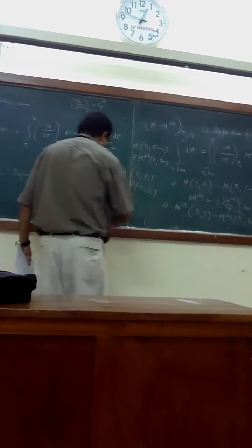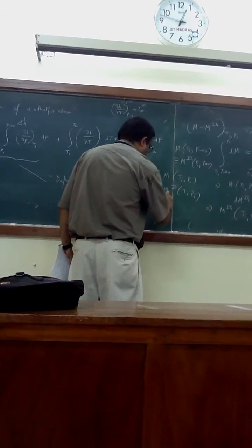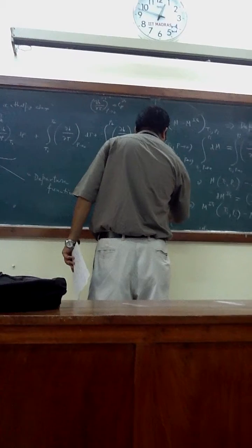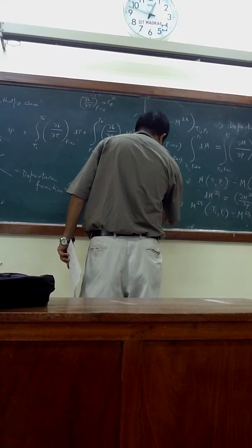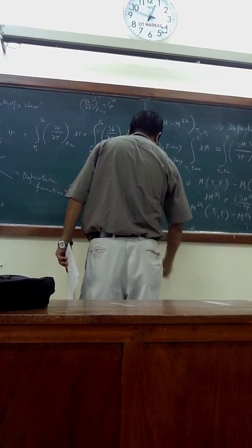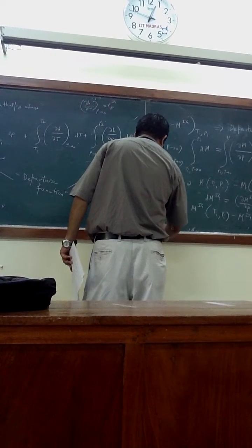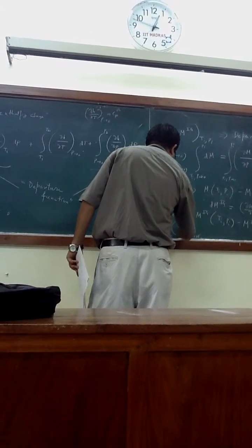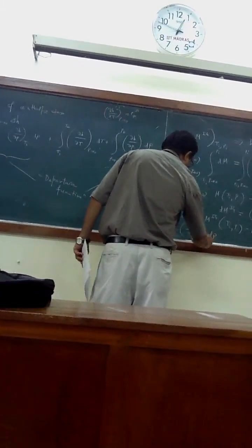So integral, P tending to 0 to P, which is dou V by dou T at constant P, dP, plus, minus, yes, P tending to 0 to P, dou Vig by dou T at constant P, dP.